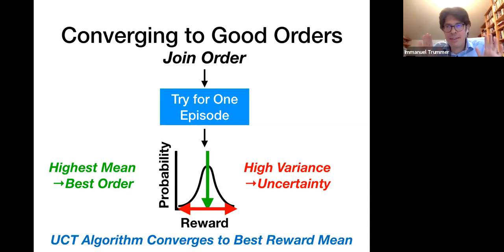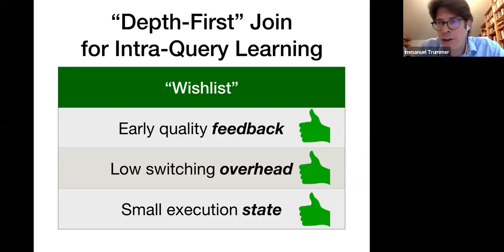And this is exactly why we need a mechanism like the UCT algorithm, which is able to deal with that uncertainty in a principled manner and can optimally balance between exploration and exploitation in order to get near optimal expected reward over time. So this uncertainty on join order quality is precisely why we need the UCT algorithm or another reinforcement learning algorithm. So that concludes our wish list.